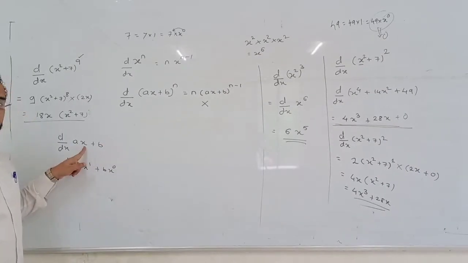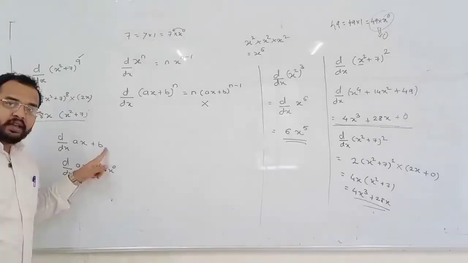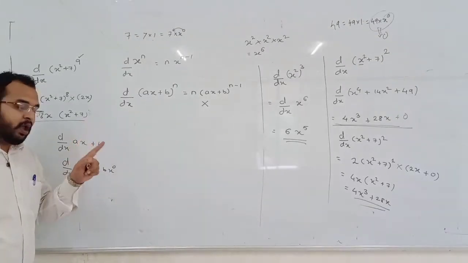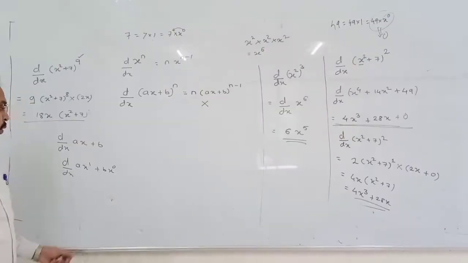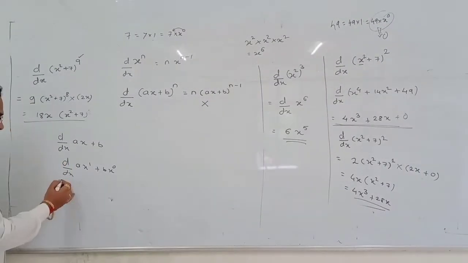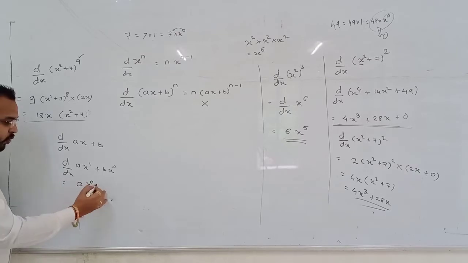See, here only x is there, a single x, and a single x means its power is 1. Here there is no x. No x means what is there? 1 is there. And 1 can be written as x to the power 0. Now how to write the differentiation? Take the power in the numerator. So a into 1 it will be a, x to the power 1 minus 1 it will be 0.